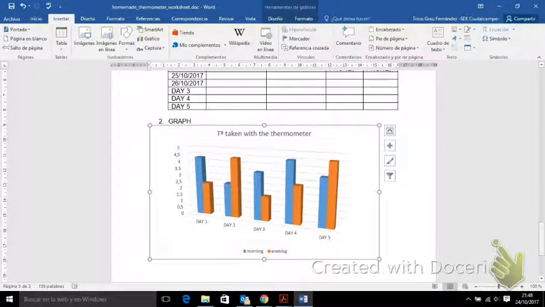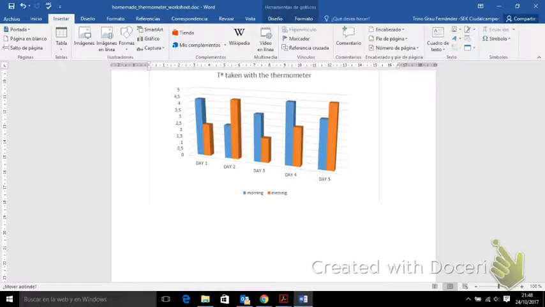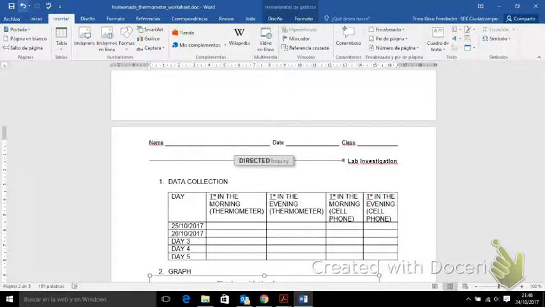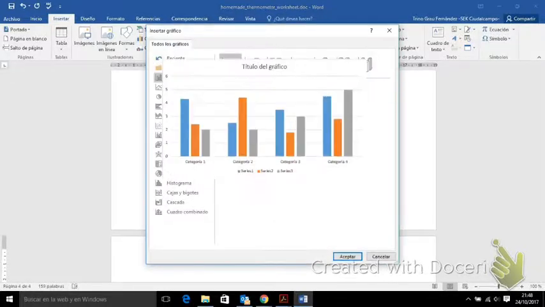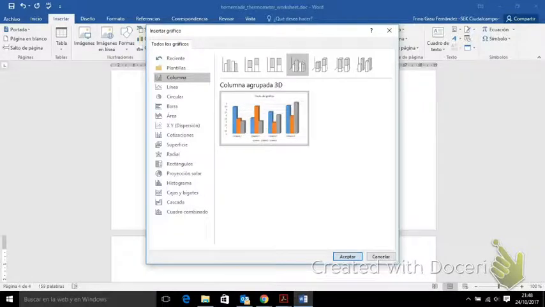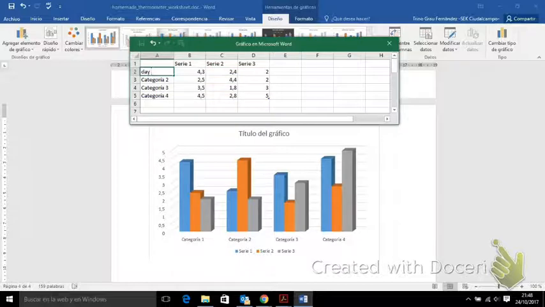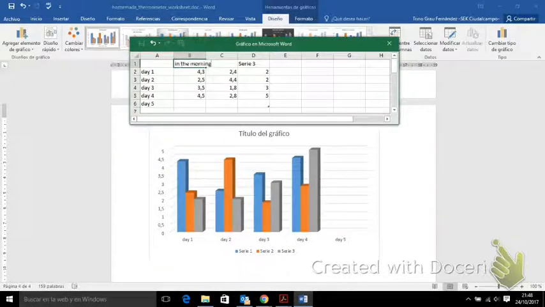The second graph is the same, day 1, day 2, day 3, day 4, and day 5, and that will be the temperature in the morning and the temperature in the evening, and we are going to eliminate this one.